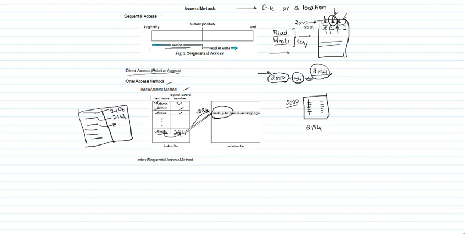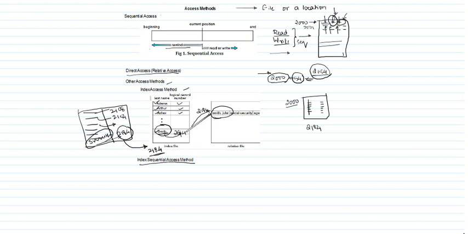If you are searching for a file called Smith, it is located in the 2184th location. It looks at this location, directly goes there, fetches the file and opens it for you. So this is the index address access method.